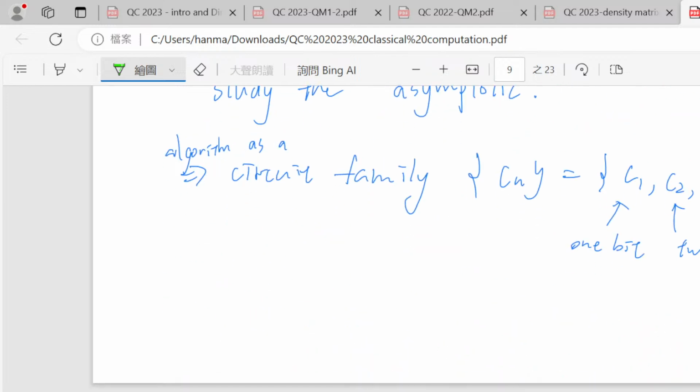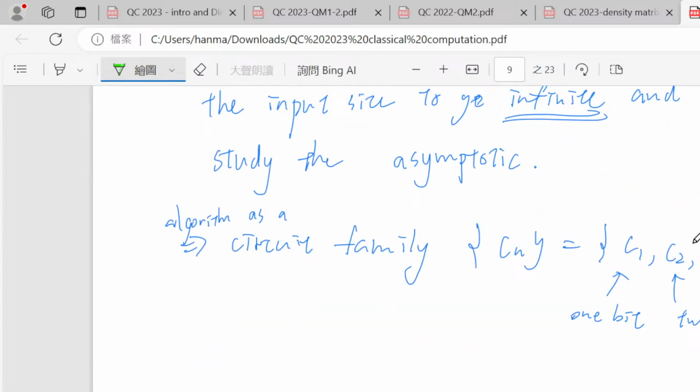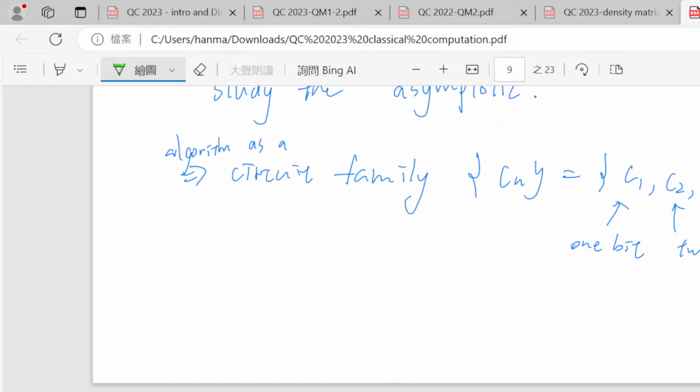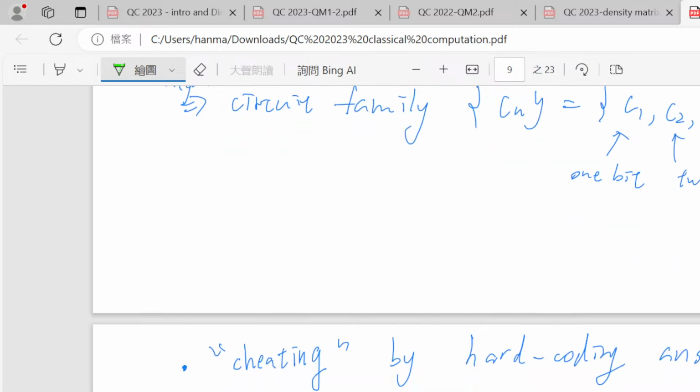Not quite yet, because you can cheat. If you think about a circuit family like this, there is a lot of information needed to describe it, and in particular you might cheat by hard coding your answers in the description of the circuit.